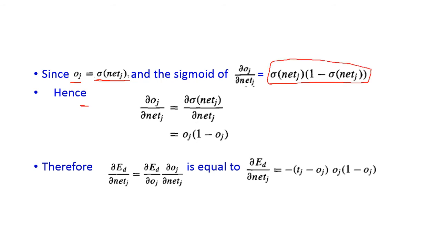Hence this particular equation, differentiation of sigmoid of net j divided by differentiation of net j, is equal to Oj into 1 minus Oj. Therefore this particular equation is equal to this one.